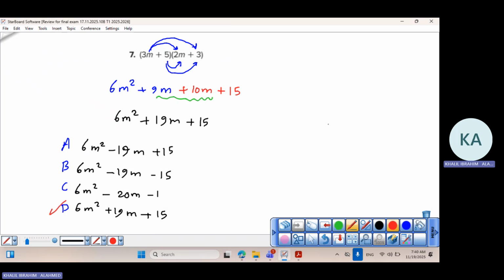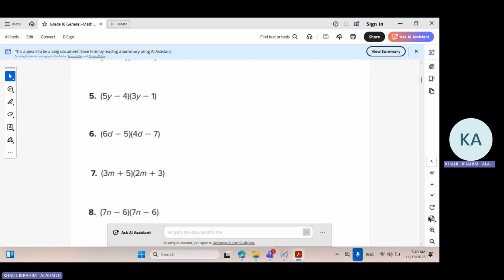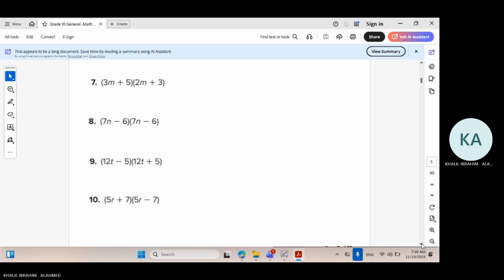Be careful about this. Okay, I will give you another example about a product. How to multiply two algebraic expressions from Haykal, as you see here. Maybe take another question.